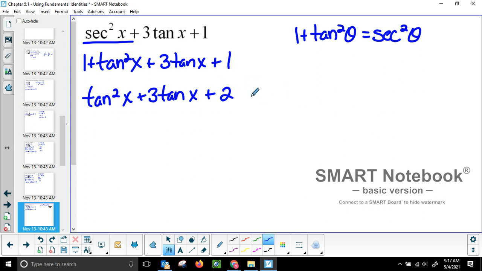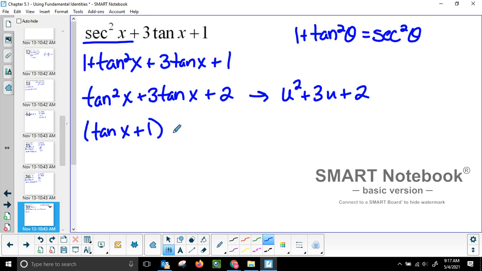Again, if you really want to, you can think of this as u squared plus 3u plus 2. And especially since my leading coefficient is 1 here, it's quite easy. This just ends up being tan x plus 1 and tan x plus 2.